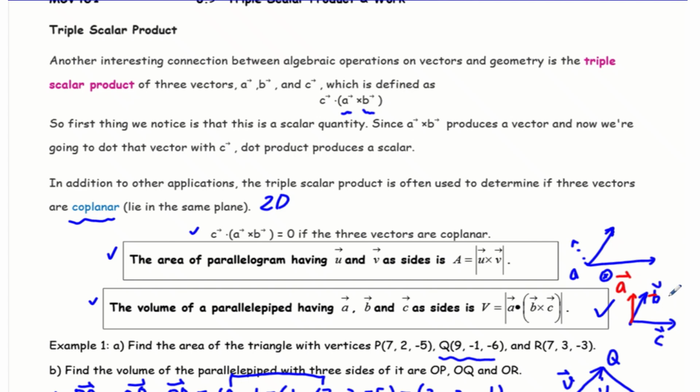So B and C form a parallelogram like a base, then all of it is just raised in the A direction, and it forms a 3 dimensional figure. So these 3 vectors form a 3 dimensional figure, and the triple scalar product gives you the volume of it.